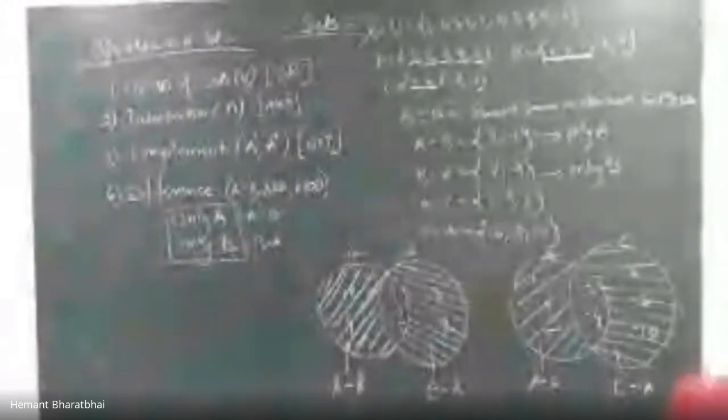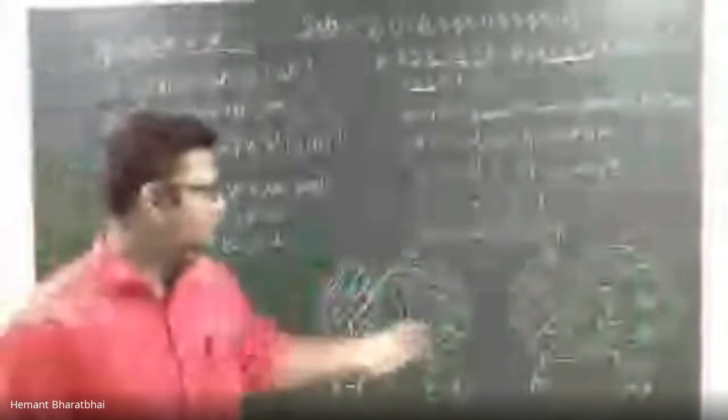Since the Venn diagram is not going to change, with any set it will always remain the same. You can see over here, I have shown A minus B, B minus A. Here I have done A minus C, C minus A. You can visually see that the Venn diagram for both is the same. So if it is a difference operation, the Venn diagram will always be this.